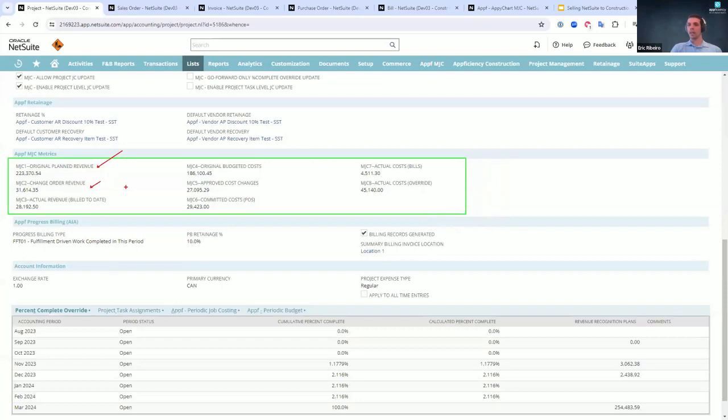So if you're a GC, oftentimes what you'll see is a very heavy change order management process where they're dealing with change orders from their subs, but they're also managing change orders from their owner's perspective, right? And so change order management is a huge need, not only in the GC world, but also when you're dealing with subcontractors.